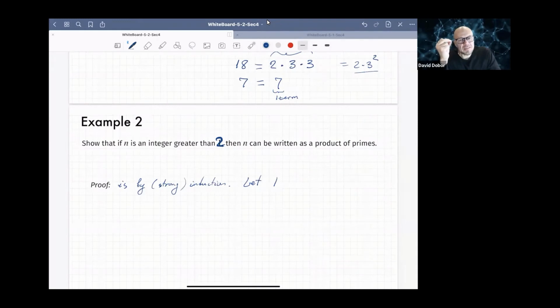The only difference is that in the inductive step, we get to assume more, which seems like it should be a stronger principle. You get to assume more after all, so it must be more powerful, right? To prove that P of k plus 1 is true, not only do you get to assume that P of k is true, but P of 1 is true, P of 2 is true, P of 3 is true. So what's my P of n?